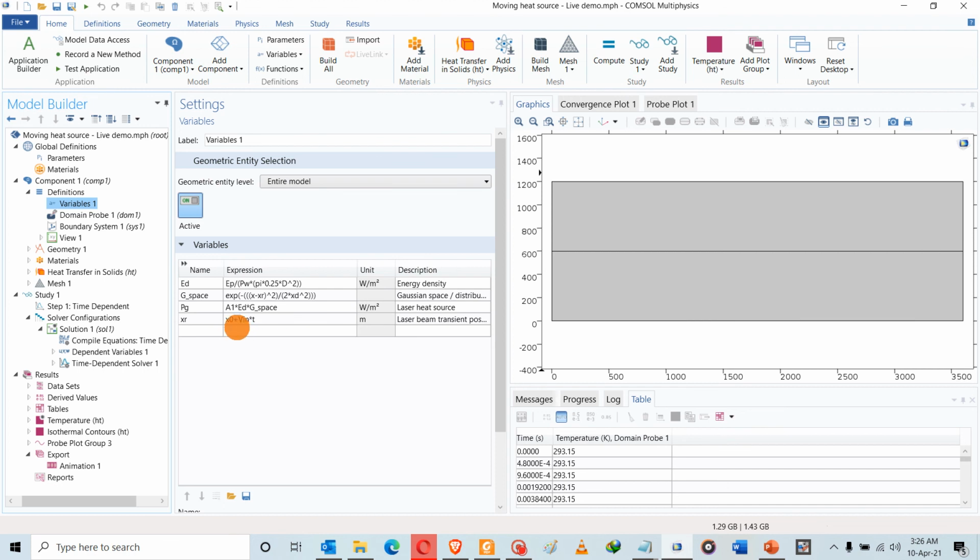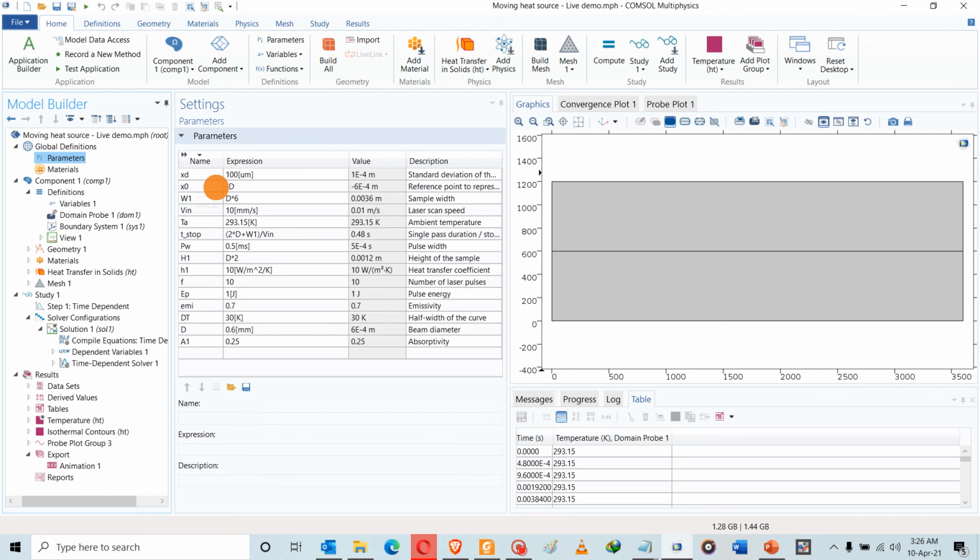Or if it was inside, it was going to be a different value, but this is x0, which we defined as negative d, which is outside the sample by the full diameter of the laser.